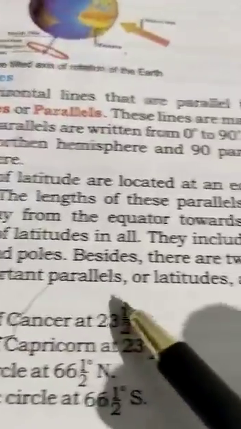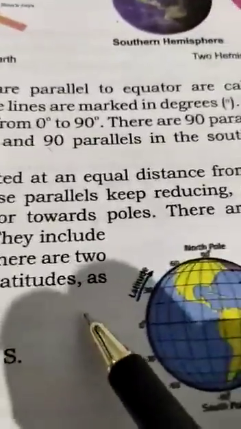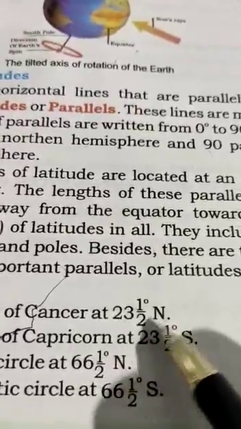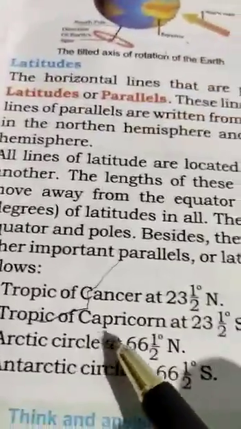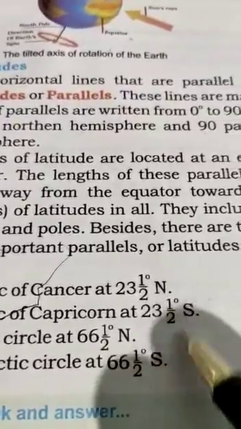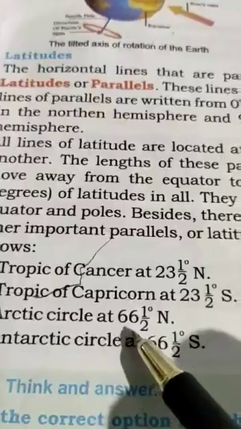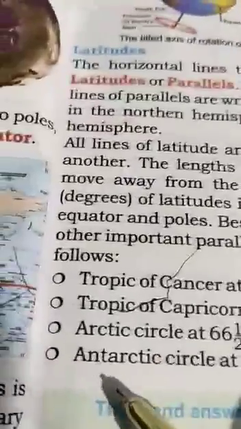Besides, there are some other important parallels or latitudes as follows. Tropic of Cancer at 23½ degree north, Tropic of Capricorn at 23½ degree south, Arctic Circle at 66½ degree north, Antarctic Circle at 66½ degree south.